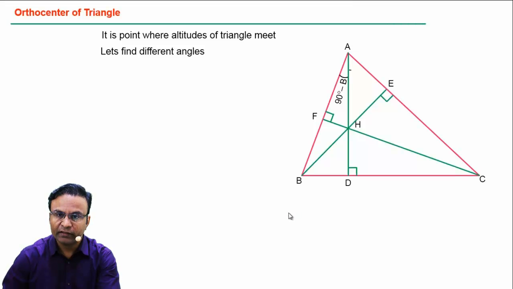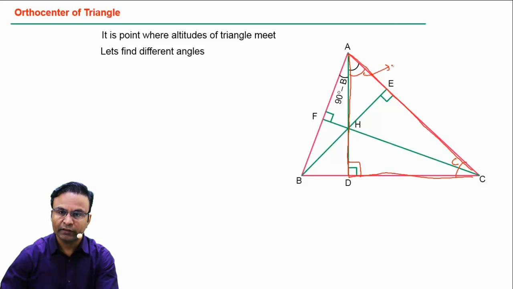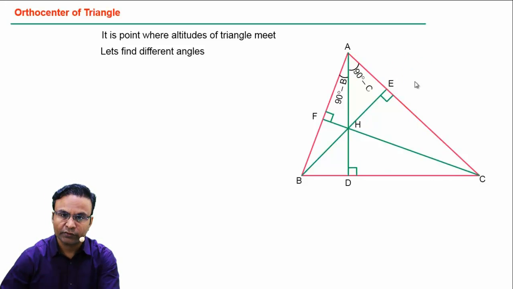Similarly, we can find other angles, say this one, angle HAE. From this triangle, triangle ADC, this angle is 90 degrees. This angle is C. So what is this angle? This angle is 90 degrees minus C. So here we have this angle 90 minus C. Similarly, we can find all these angles. So let's write all these angles in the figure.